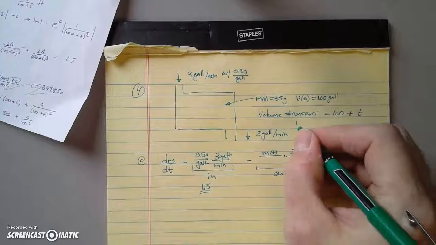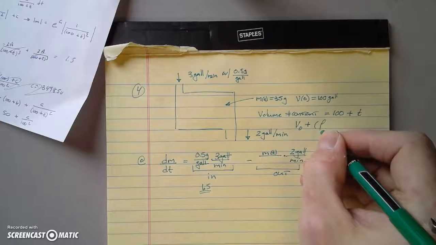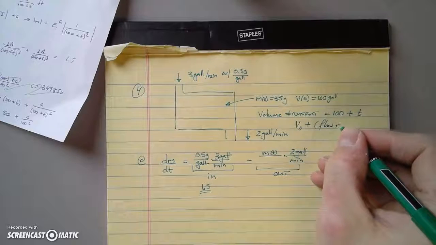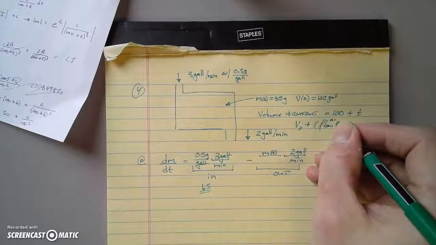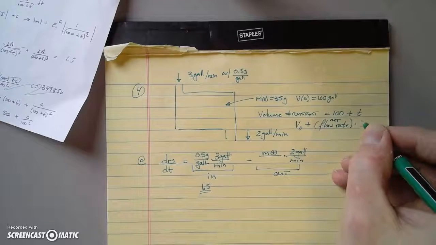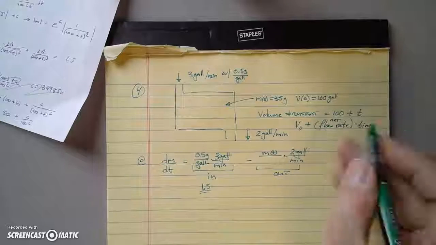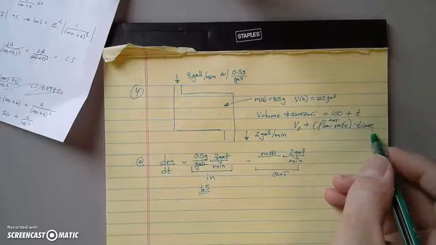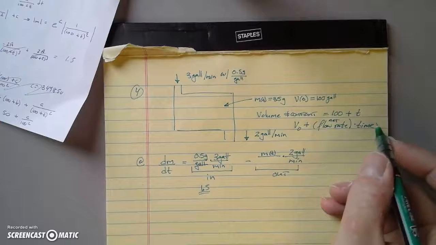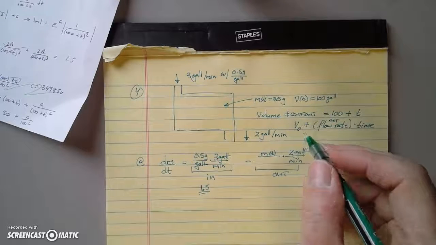A fancier way of looking at this is V naught plus the net flow rate times time. Right? Flow rate is gallons per minute times minutes, gives you gallons to add on to the initial amount.